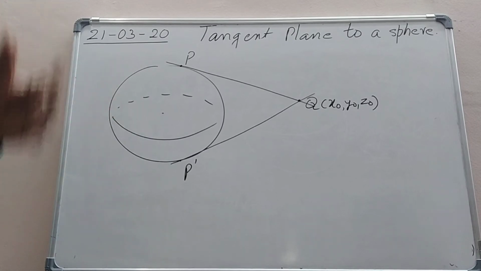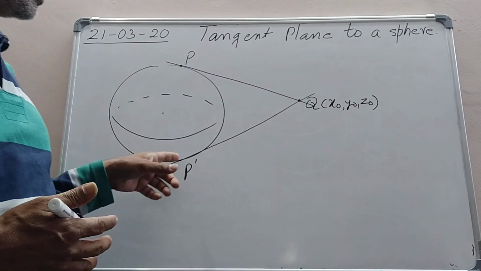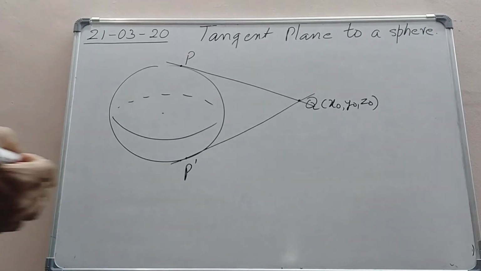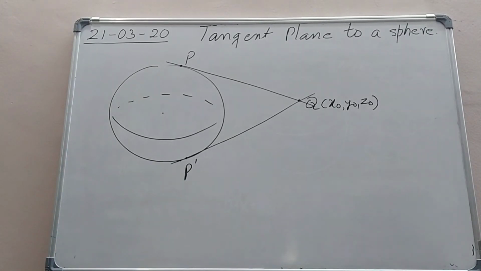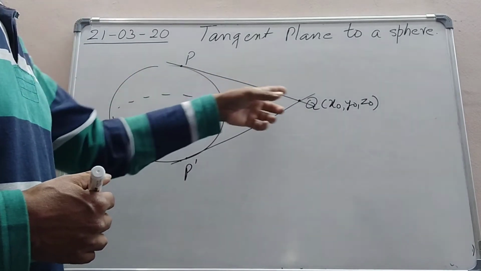That is what is coming out from this diagram. Now the question is, will the two distances PQ and P dash Q be the same? That I will leave it to you to figure out. So right now I'm going to be interested in just finding this PQ.